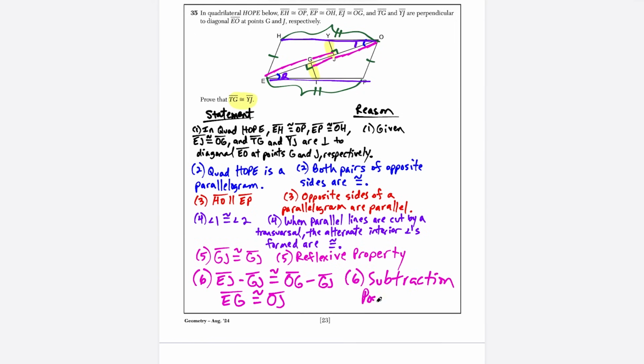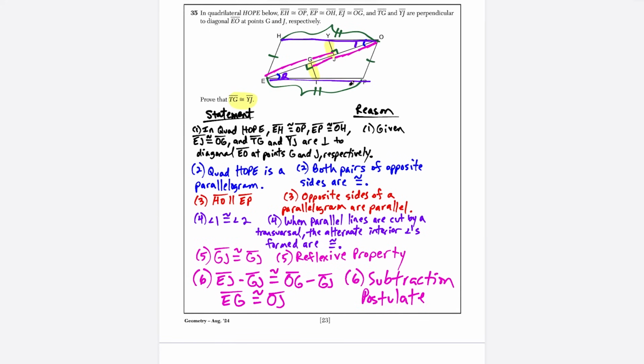And one thing I want to point out, the statement in statement 5, even though it seems very obvious, in order to use the subtraction postulate, you have to say that the entire piece and the small piece that you're subtracting is congruent to the entire piece over here and the small piece that we're subtracting. That's a very important statement.